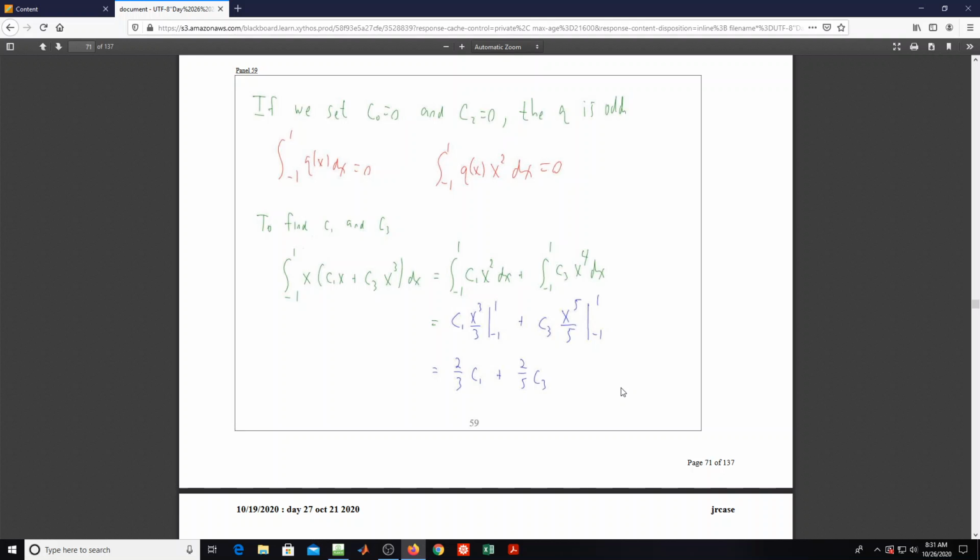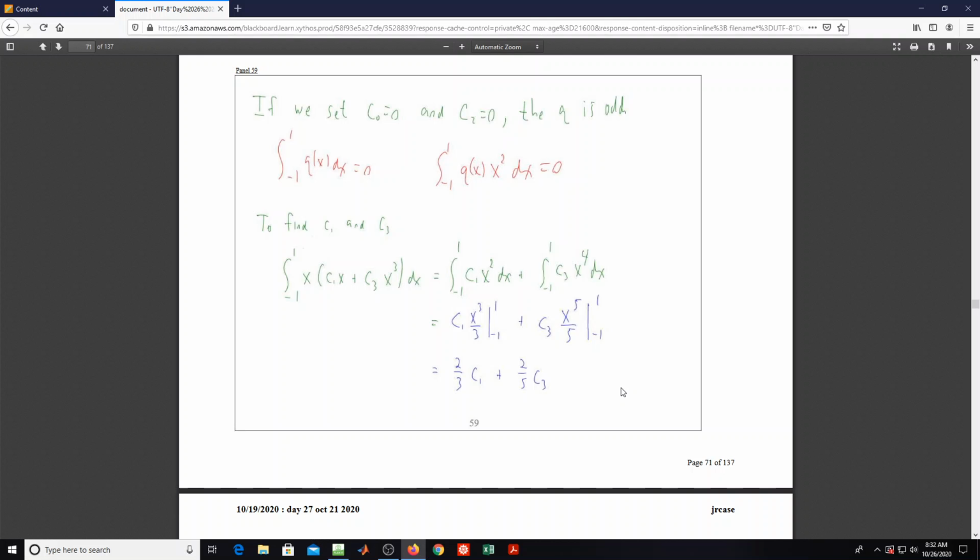Because if we do that, then Q is odd, and this integrated against x will be 0, and x squared against this will be 0, because this is actually a third degree polynomial. So this is an odd function over -1 to 1, it will be 0. And if you multiply by x squared, this is x cubed and x to the fifth, so it'll still be an odd function. And so integrating from -1 to 1 will still be 0.